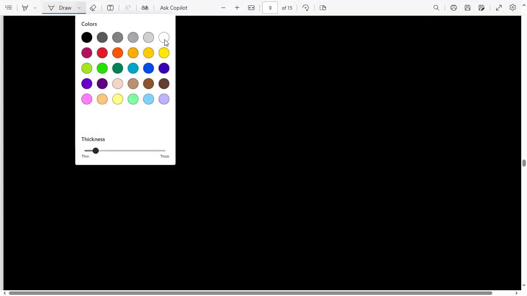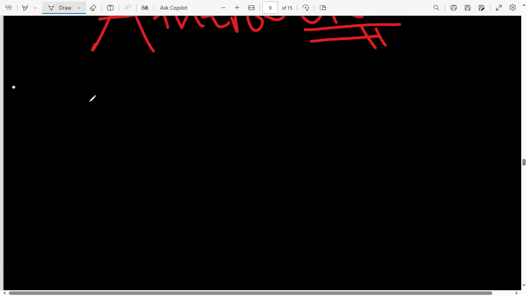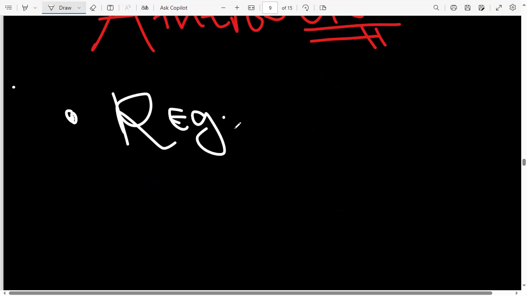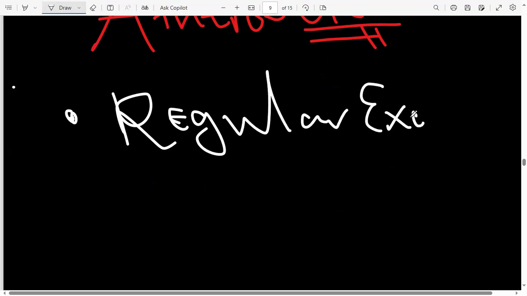The first one is regular exercise. Regular exercise will help burn some of those fatty deposits, and then they'll produce energy for you. So regular exercise is one lifestyle change to adopt.